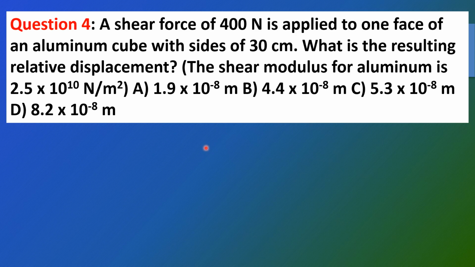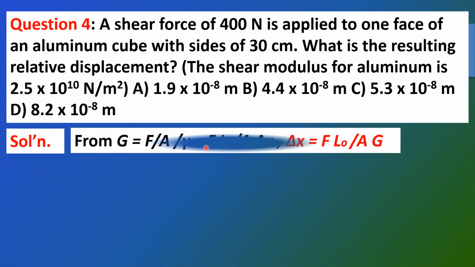Okay, our solution and answer. From the formula of shear modulus G, which is equal to shear stress, F divided by A, divided by the shear strain, that is simplified as the product of force F times the length L divided by the area A and delta X. But since we are looking for the relative displacement, delta X, there is a need for us to transpose the equation.